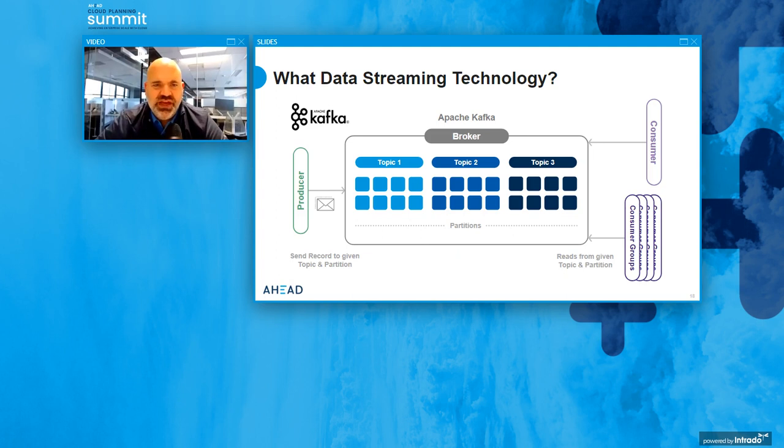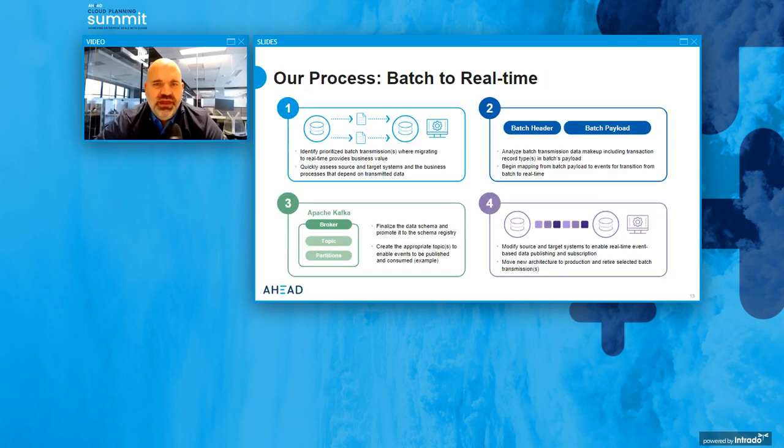Again, this is just highlighting what data streaming is, and it not only helps us in the batch data integration facility. We'll see how it also helps us break down the communication between some of our distributed applications from a microservice standpoint. So we at Ahead take this very regimented process where we will transition some of these integrations from batch to real time.